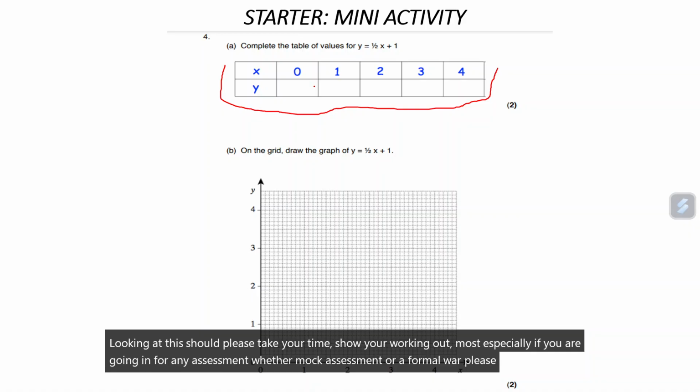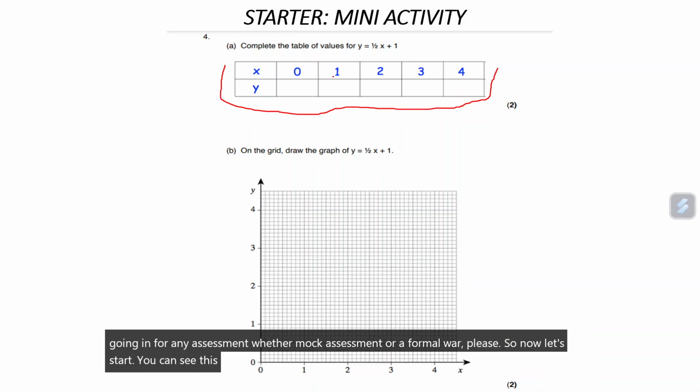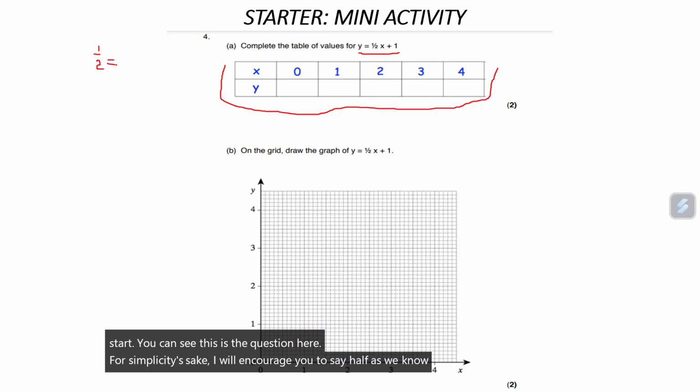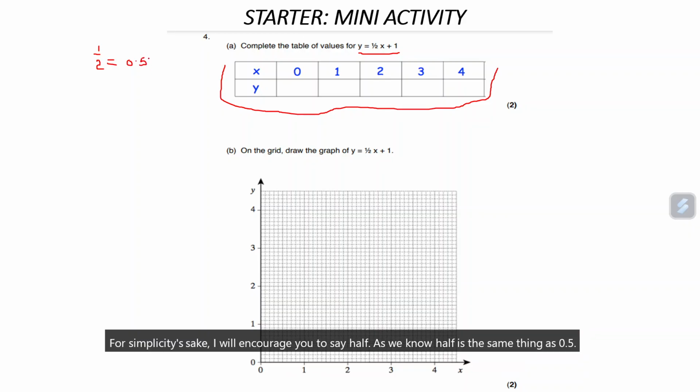So now let's start. You can see this is the question here. For simplicity's sake, I will encourage you to say half. As we know, half is the same thing as 0.5. So we'll be using 0.5 in place of half.